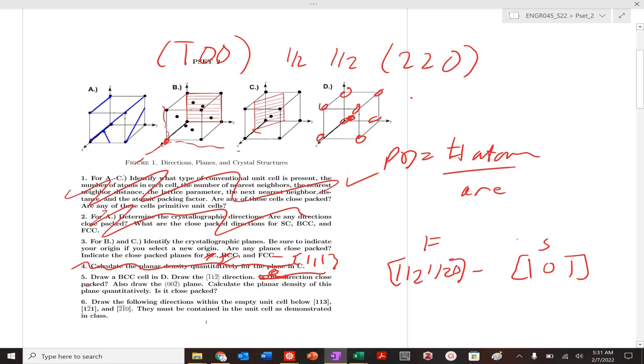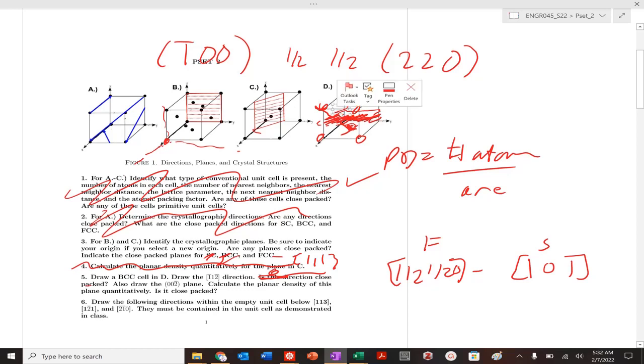This is my start. 1/2, 1/2, that's my finish, and then my start is going to be 1, 1, 0, 1. So it's going to be here. So my direction will go right to there. That's my direction. Draw the 002 plane. That will just be simply this. There it is.